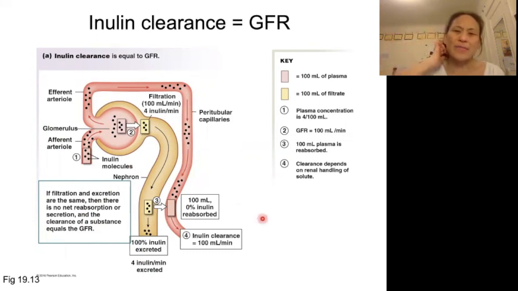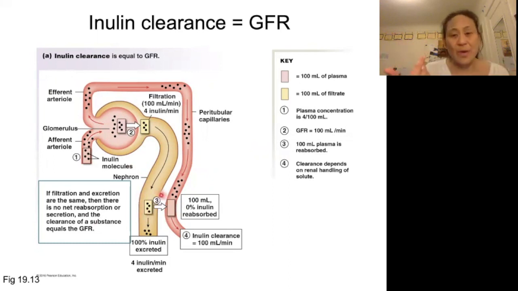A way to think about this is that for such a substance that's not secreted nor reabsorbed, the rate at which it's going to be cleared is simply the rate at which it enters the tubule, right? So we have our 100 milliliters with our substance going in. That same volume is going to be absorbed back, but without that substance.